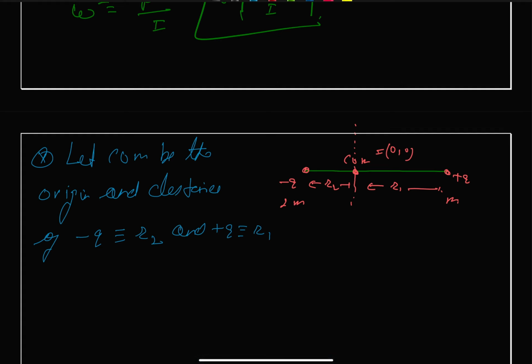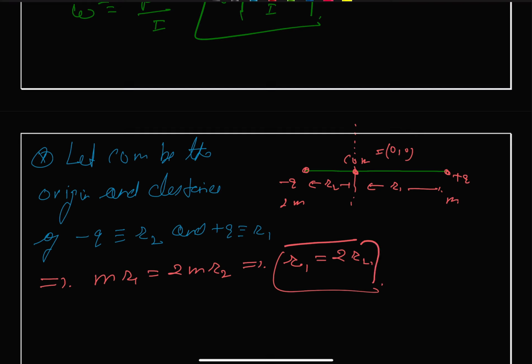So we can easily write that m R1 is equal to twice m R2, which gives us R1 is equal to twice R2, and R1 plus R2 is equal to L. Using these equations, we can easily find the value of R1 as well as R2.